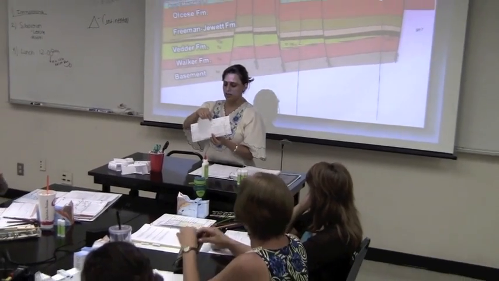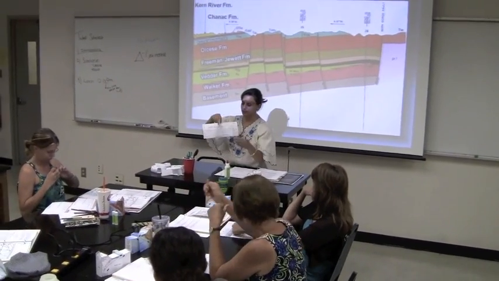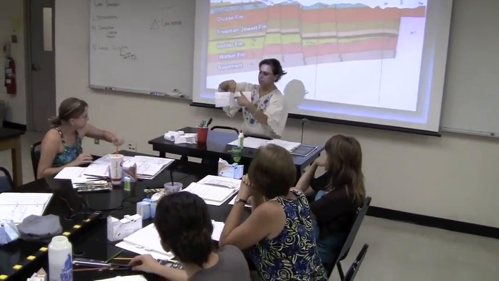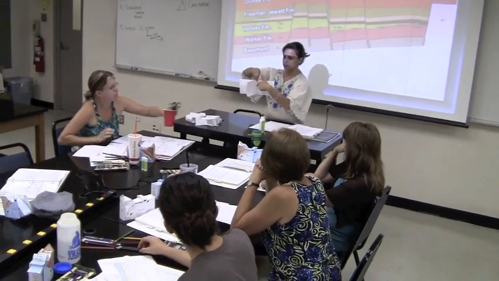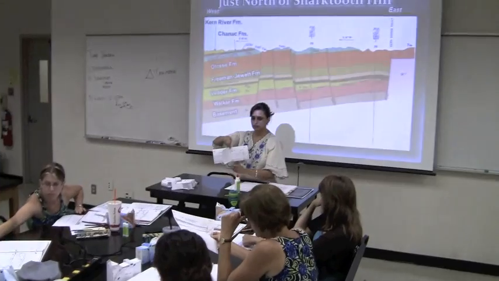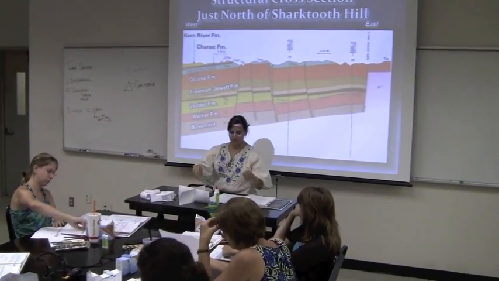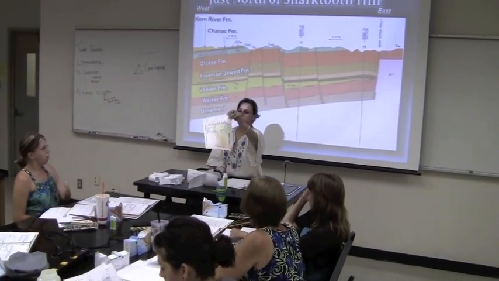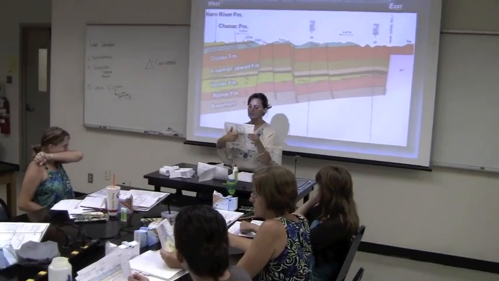Wow. And from there, once you get that completed, where the two cross sections actually cross each other, that's Sharktooth Hill. Okay? And the reason why I had you keep your geological map out is because you are looking at these cross sections.